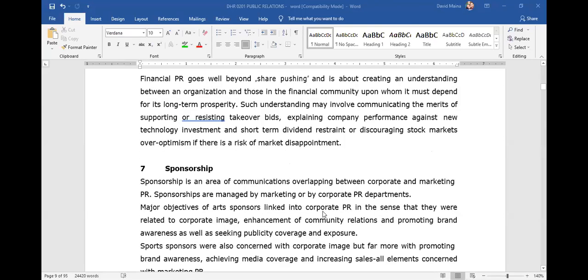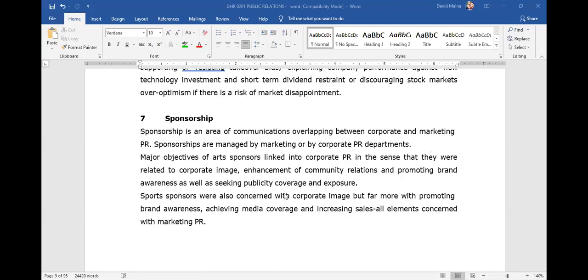Then there is sponsorship. Sponsorship, like for example, there is the Wings to Fly by Equity Bank. You realize that they do a lot of sponsorship.